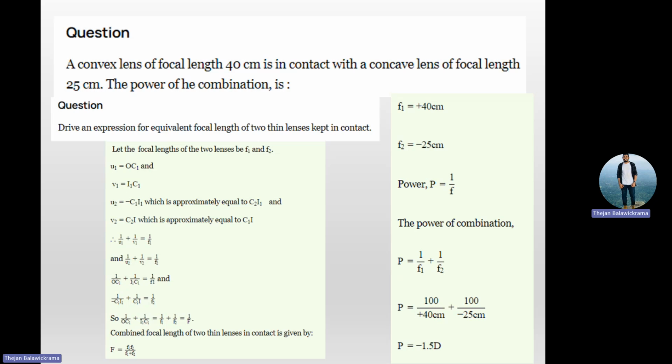Then we have F1, we have F2. F2 is a minus because it's a divergent lens.